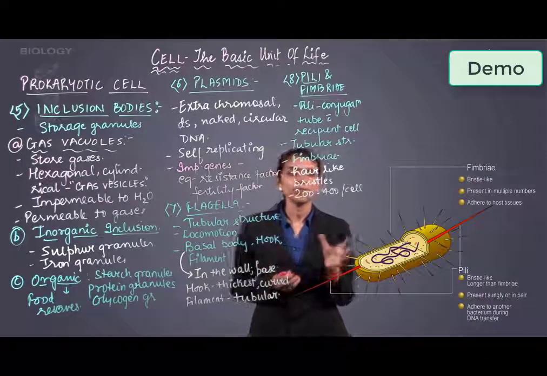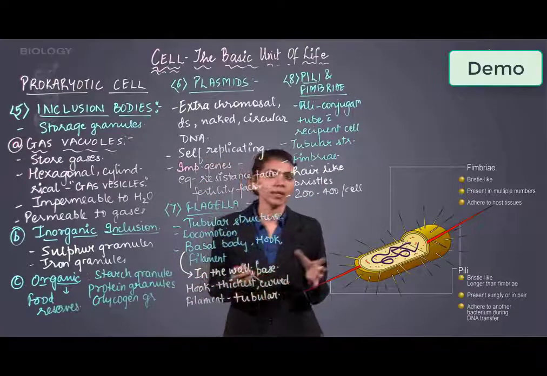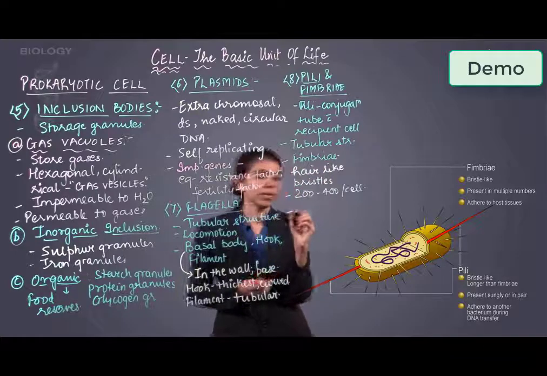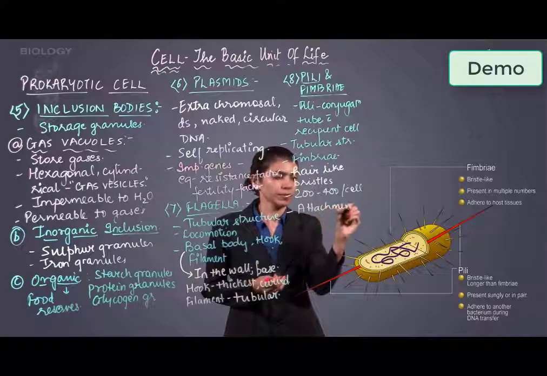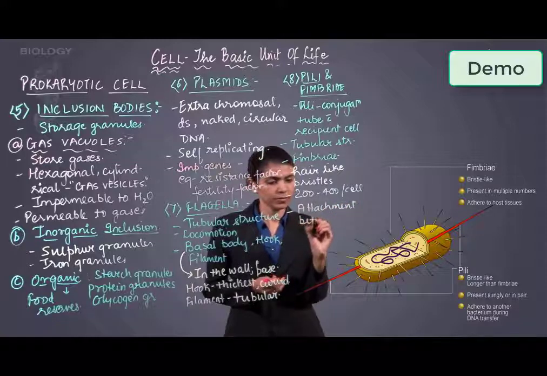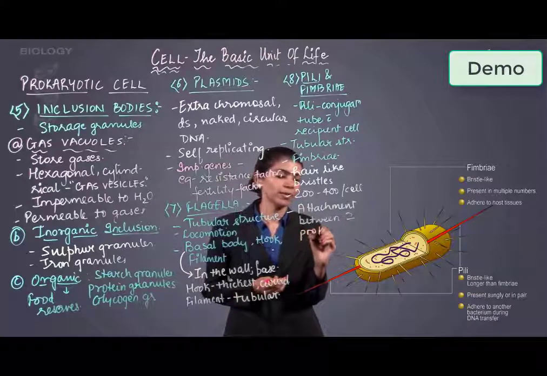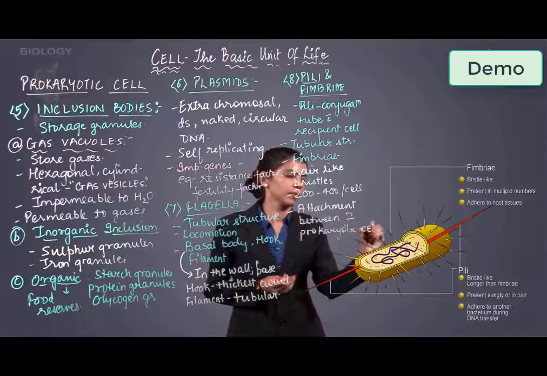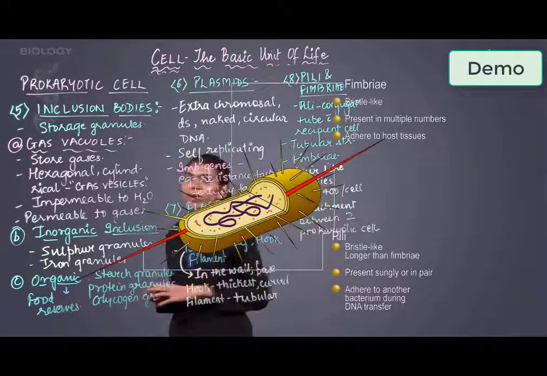It is these fimbriae which help the bacterial cell to attach to the other cell. So it brings about attachment between two bacterial cells, or two prokaryotic cells. So that was about the structure of a prokaryotic cell.